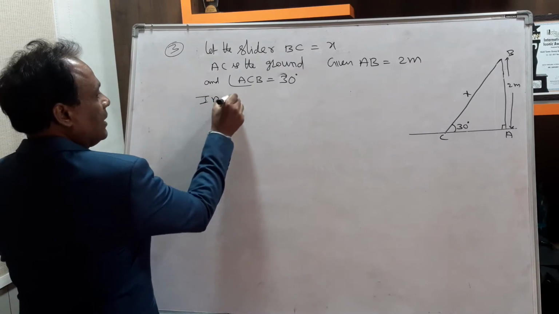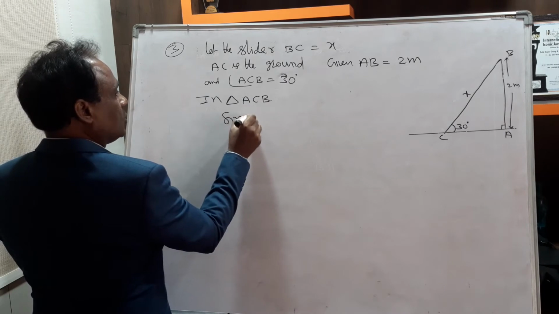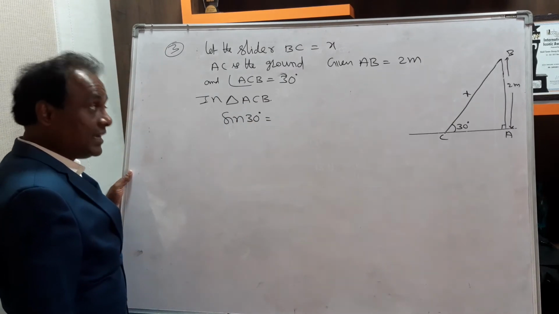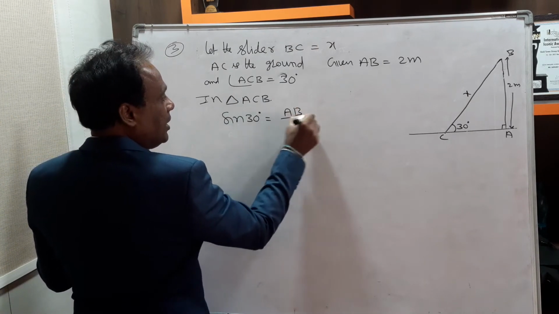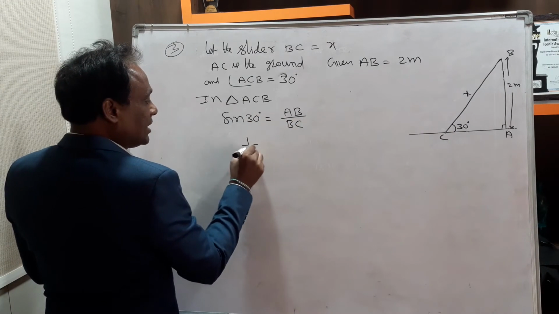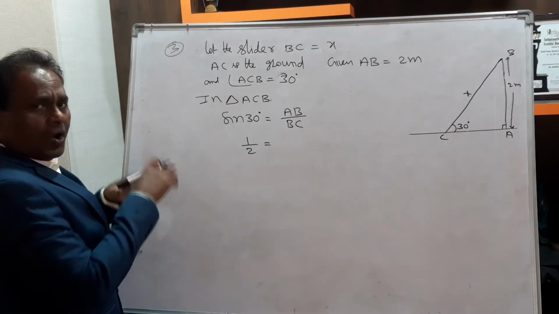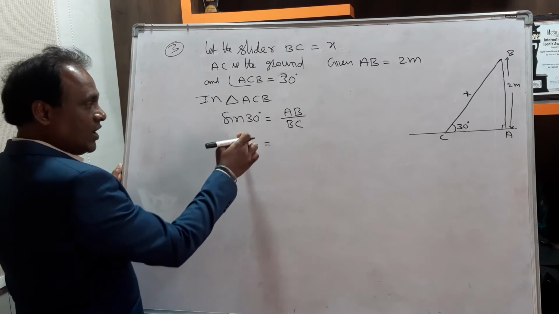In triangle ACB, sin 30 degrees is equal to opposite by hypotenuse, AB by BC. Sin 30 value is 1 by 2. I gave a table with all six trigonometric ratios for different angles.